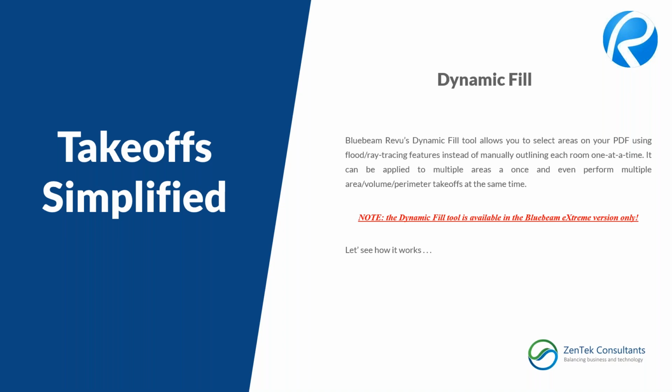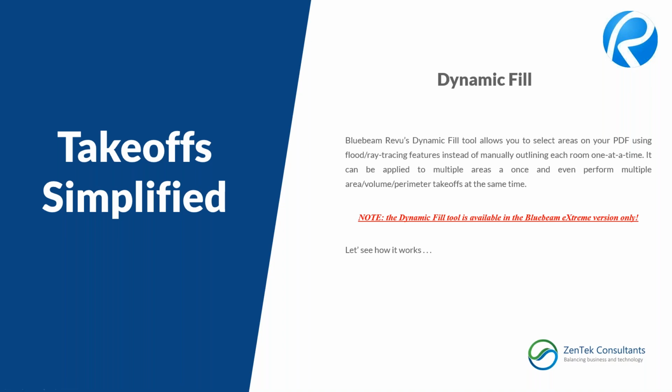What's great about it, and we're going to go through a little demo in just a minute, is that it eliminates the need for you to select a point-by-point outline of all of your different rooms and areas. You can select multiple rooms, multiple areas, and provide common area, volume, perimeter type takeoffs to those areas all in one shot. So with that said, let's go ahead and see how it works.